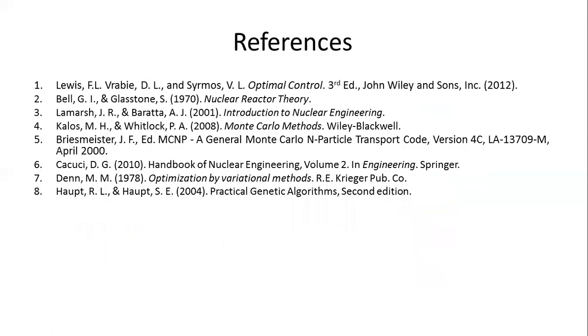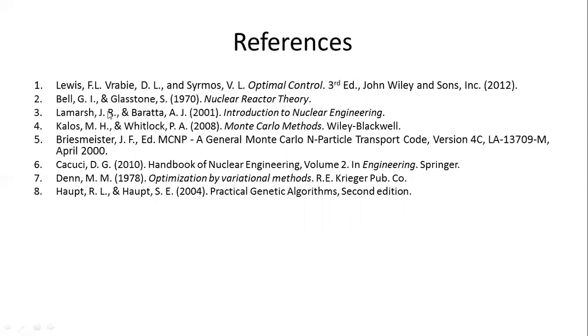Now, here are some references. A very useful point to start understanding optimal control is a book by Lewis, Farabi, and Sirmos, which I use for teaching this course at the MS PhD level, and a little bit of exposure to advanced undergraduate students.